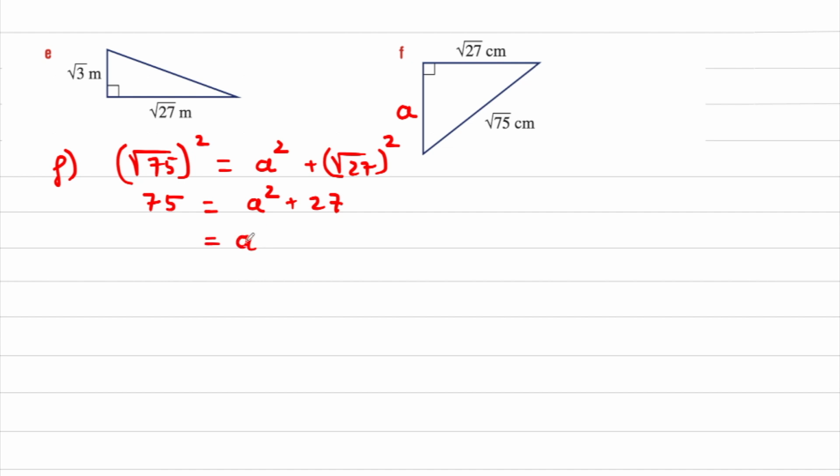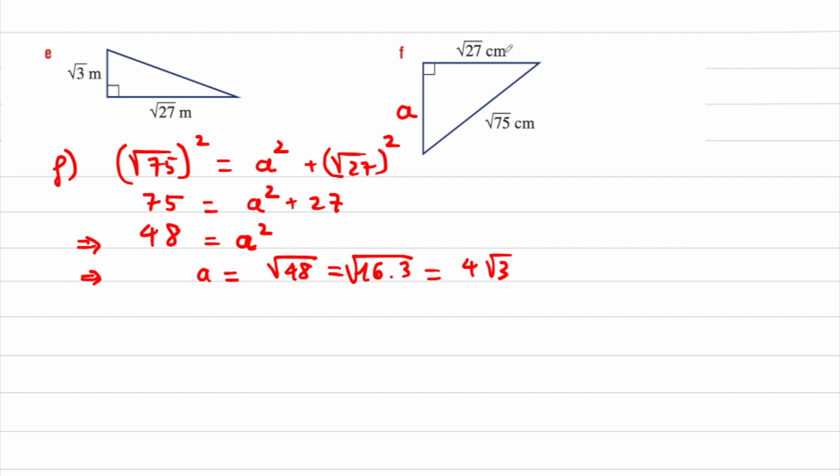And then very easy to figure out, this one will be 48. And about a, you got the square root of 48. Square root of 48, I will divide this by 16. 16 times 3, then 4 times square root 3.